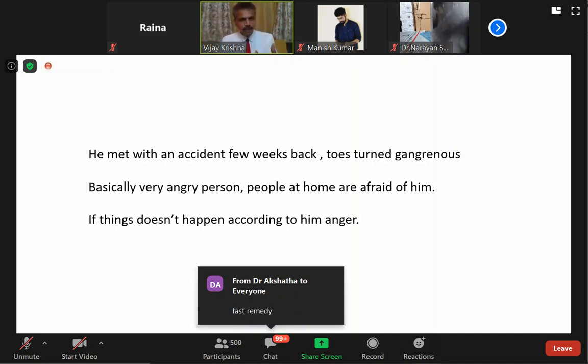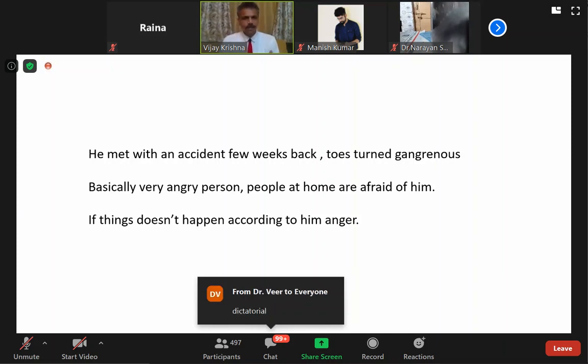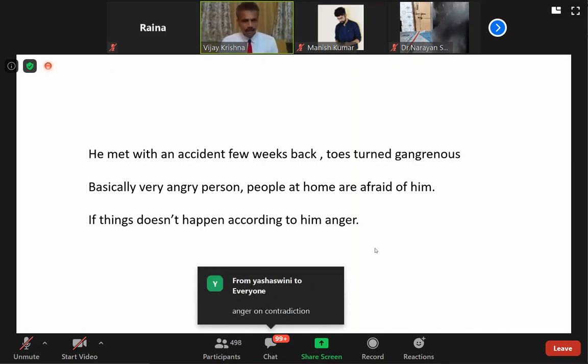That shows the syphilitic tendency in this particular person. So when you think of rubrics, we have to think of those rubrics which are highly syphilitic.